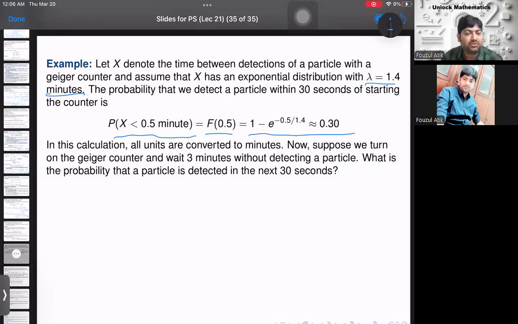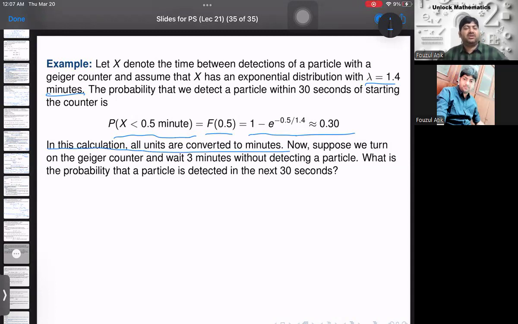Now what you have to do in this calculation is convert all units into minutes. So this example is given to show that you have to calculate everything in units of minutes, right? Now suppose that we turn on the Geiger counter and wait 3 minutes.